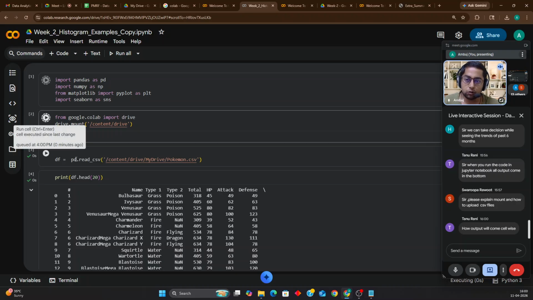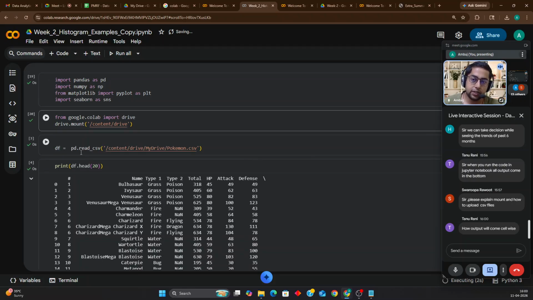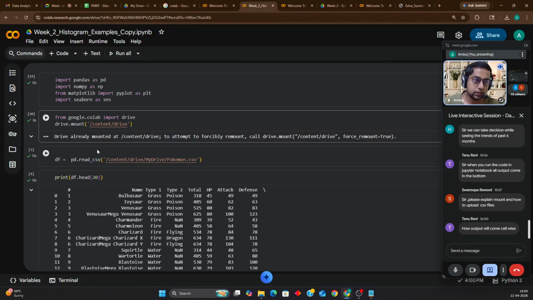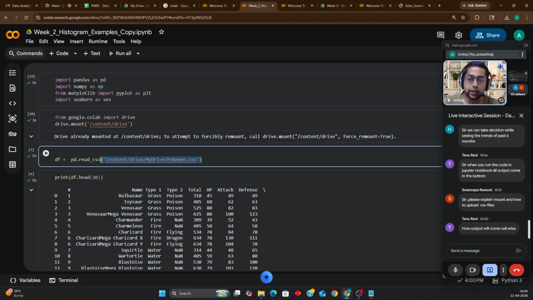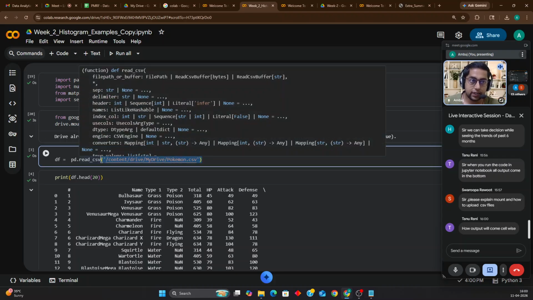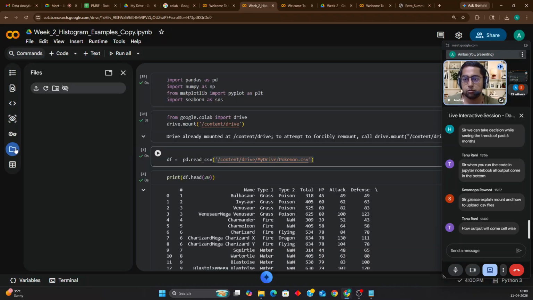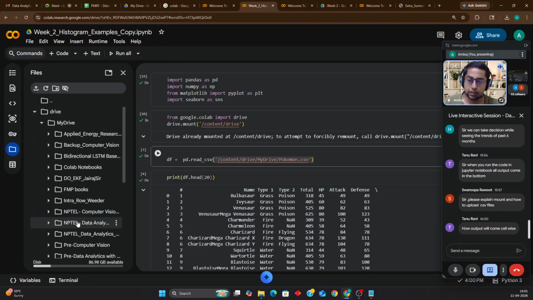Now, if I want to analyze one particular file, I'll write df equal to pd.read_csv. Then I write the link of this particular file. Where will I get this link? I'll go here to Files. See here, the drive is mounted. I'll go through this drop-down, then My Drive, and it will appear here.